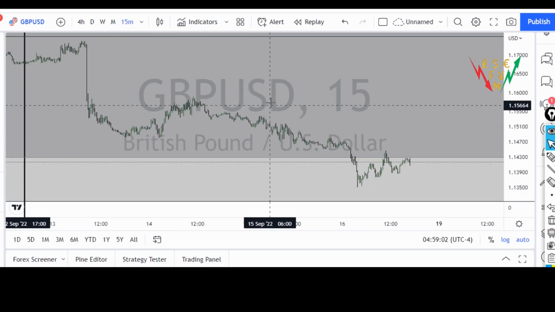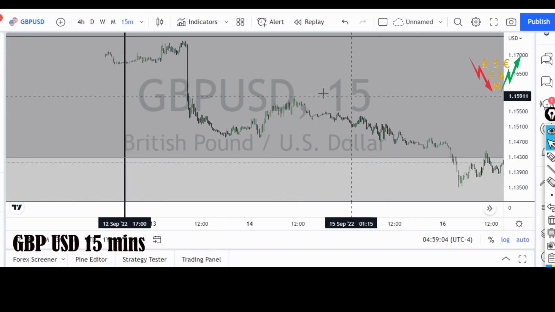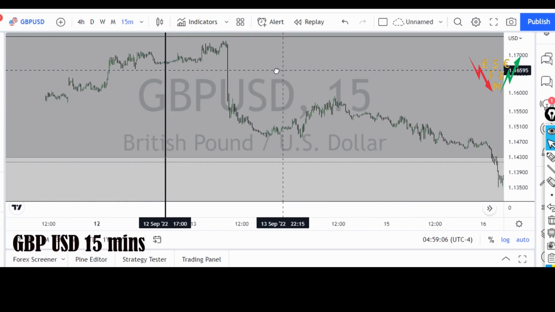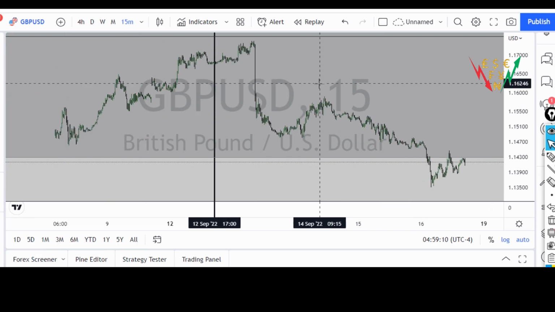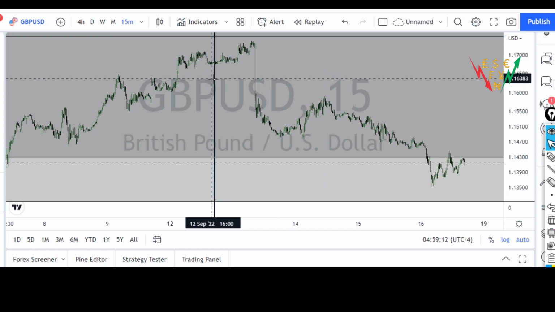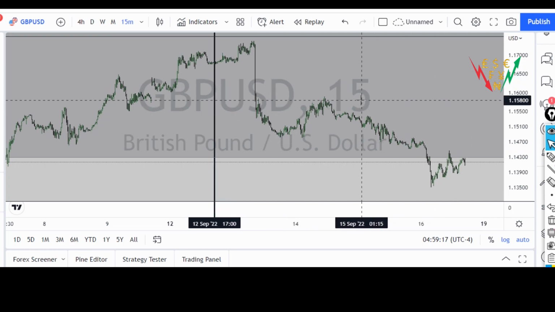Cool. On the 15 minutes time frame, we have lots of price data, from the 12th. So what we want to do on the 15 minutes time frame is the segment where we divide the charts into the days and the trading sessions.